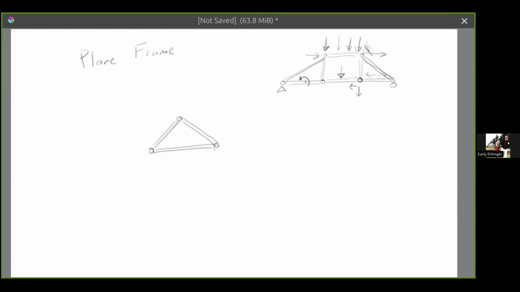Or we can say this node is not hinged and allows this twist to affect this member over here. So instead of being just in tension or compression, this member may have some bend to it because of this applied twisting. The structural term for the twisting, by the way, is a moment.